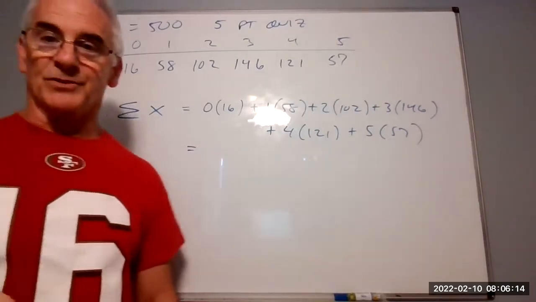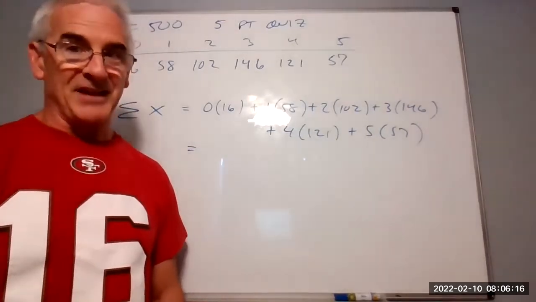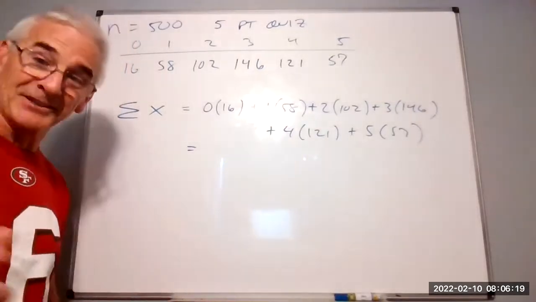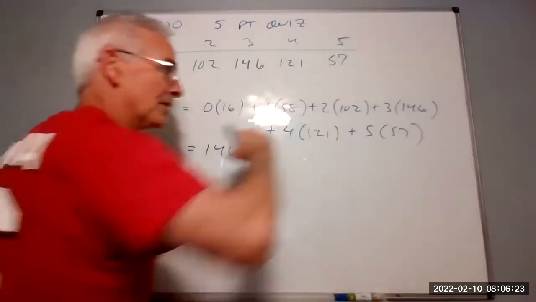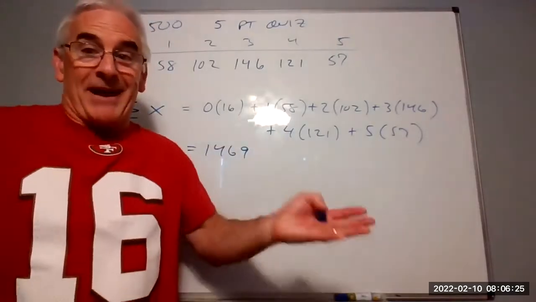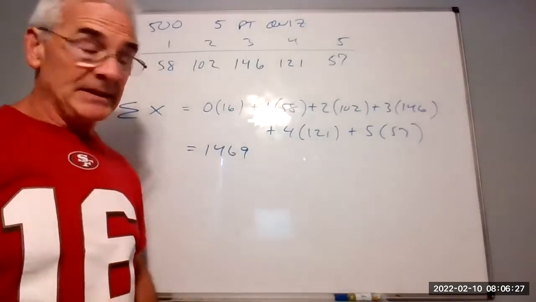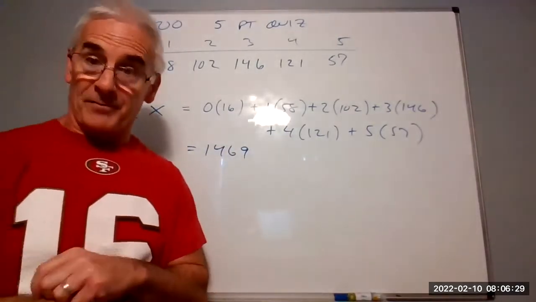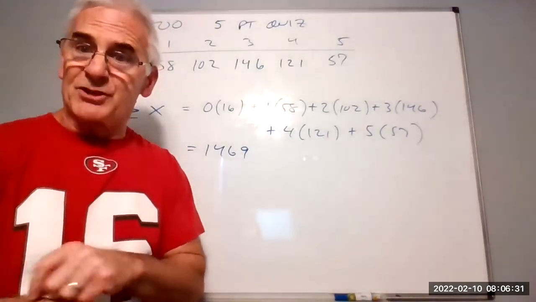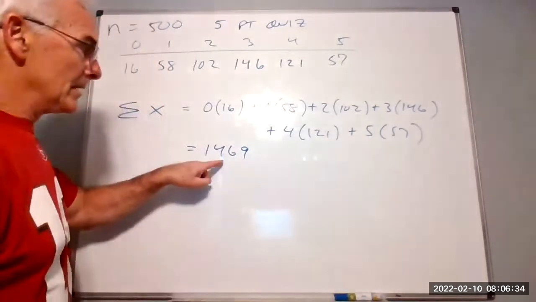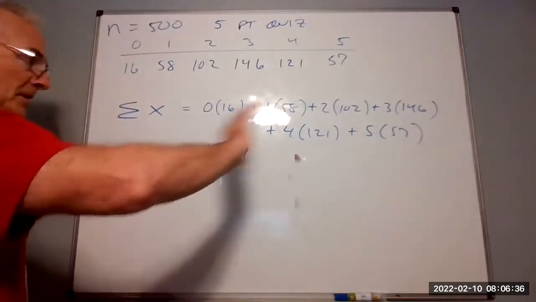I'm hoping everybody's doing this because this is not exactly rocket science. This is arithmetic. This is not algebra. This is just adding numbers with a calculator. But if you don't use a calculator very often, there's some rust. And I want to make sure we all get the same number. All right, I've got that number. I'm not done.